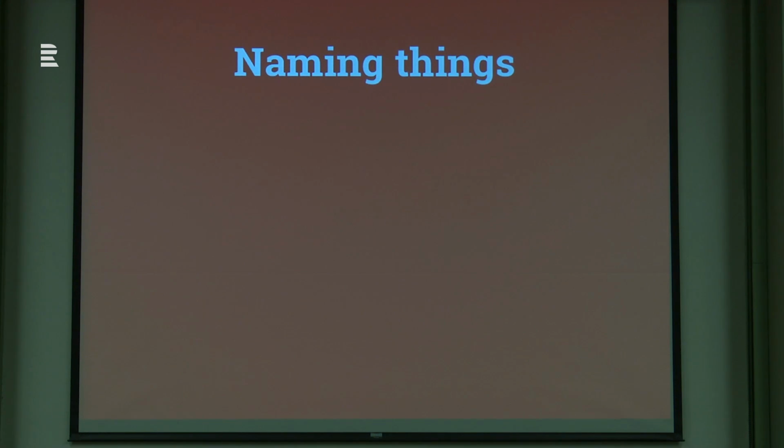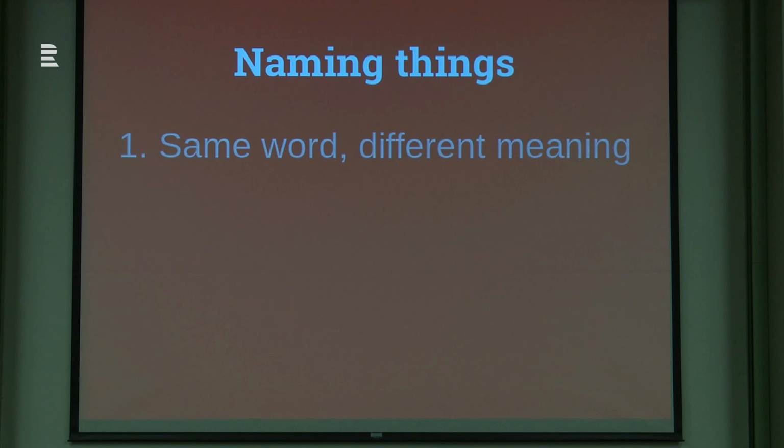Another problem is naming things. According to a common quote, caching and naming things are the two most complicated things in software development. I'll just give you some examples from Drupal 7. First of all, one problem with naming is if you use the same word but it has different meanings.